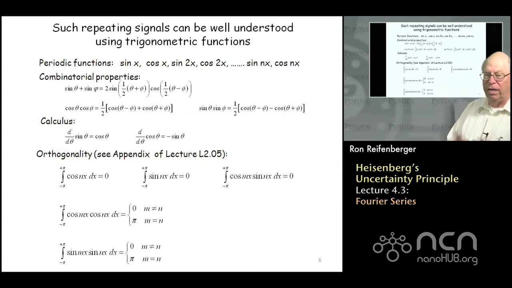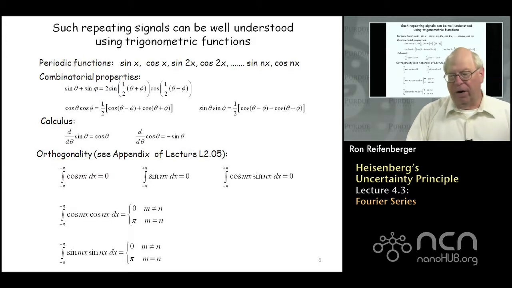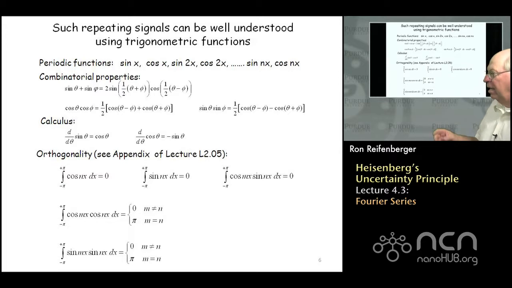And one of the important features of these sine and cosine functions is the orthogonality, which is expressed by these two integrals down here. By orthogonality, we just mean that if the period of one cosine and the period of another cosine are different from one another, the integral over, let's say, one period of the cosine functions is always equal to 0 if m is not equal to n.